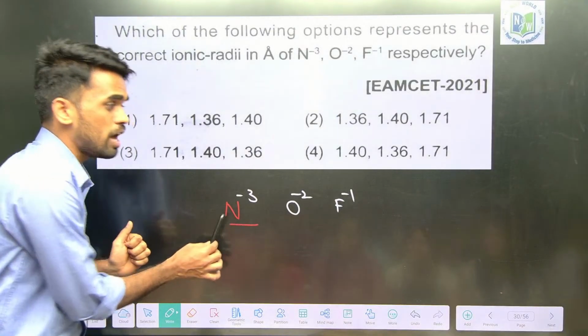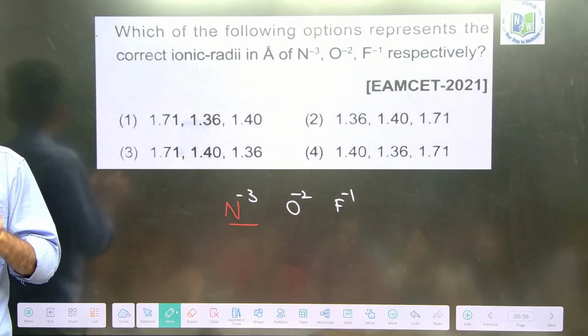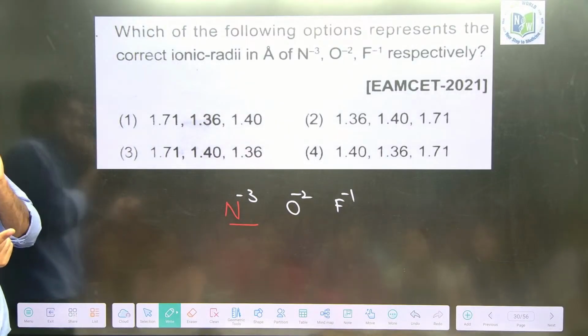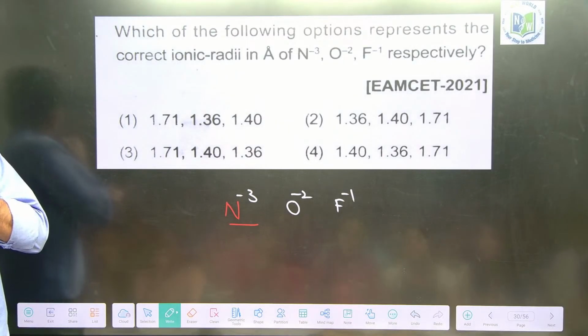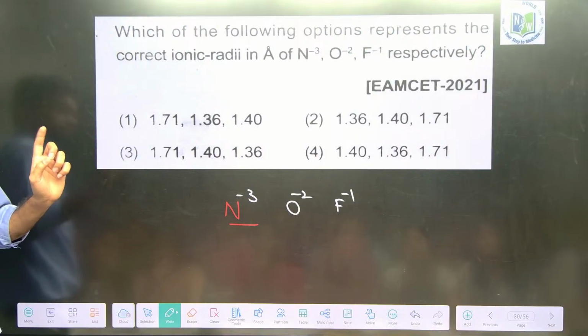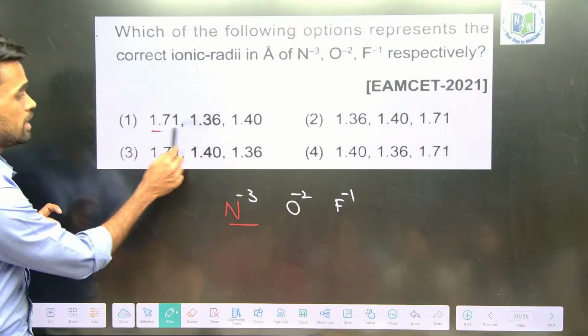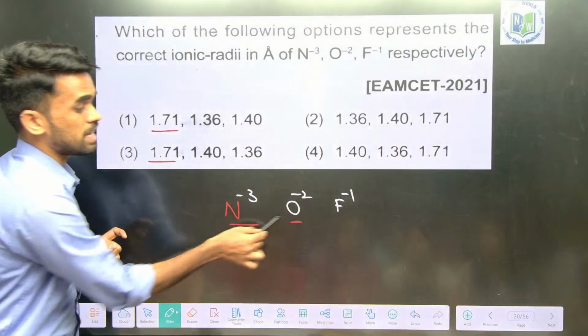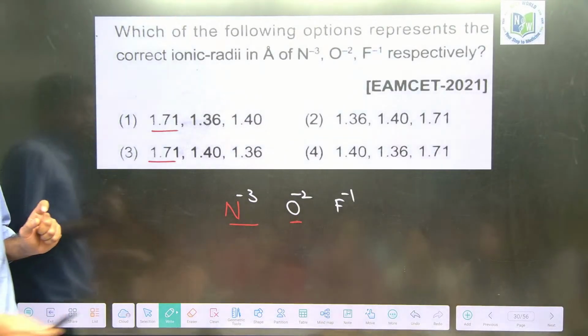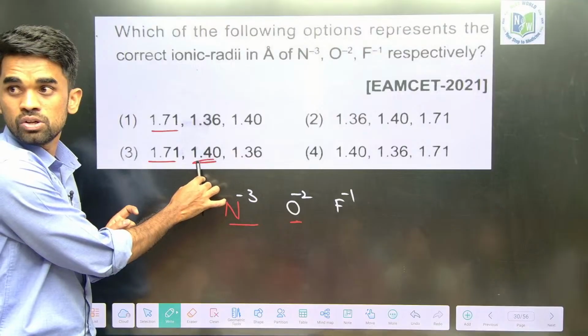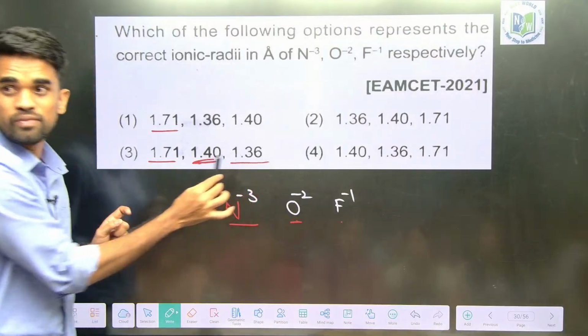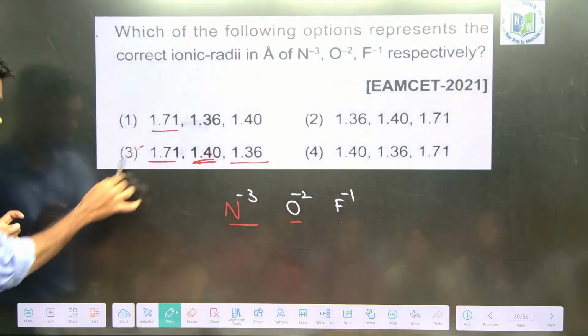So it should have a bigger size, and bigger size means bigger value. Where do we have the bigger value? So here and here. Then next, this should be the second biggest value, so 1.40. The least one will be for this one. So what is your answer? That's it.